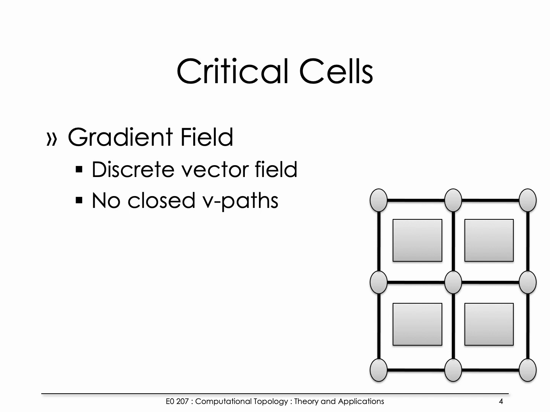Recall that a gradient field is a discrete vector field which does not contain any cycles. So there are no closed V paths. Of course, there can be a trivial closed V path which is of length 1, but we are talking about non-trivial closed V paths here.